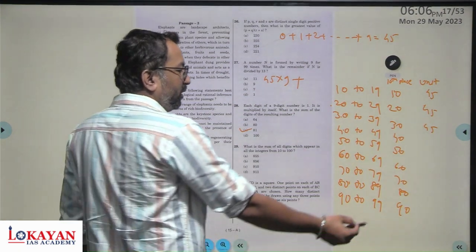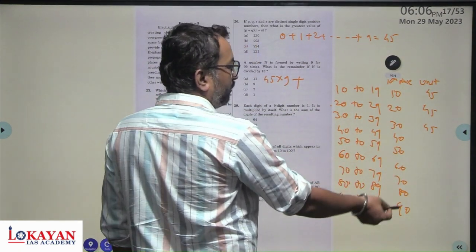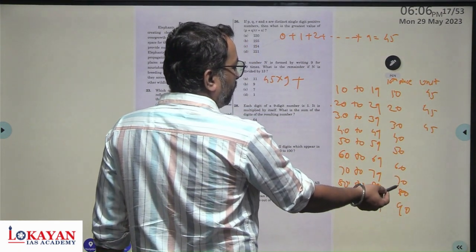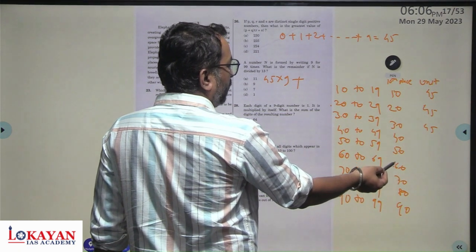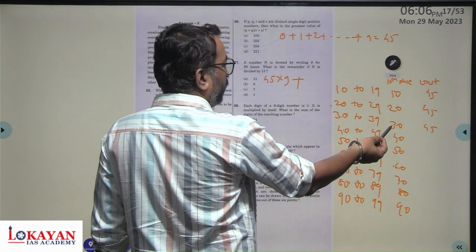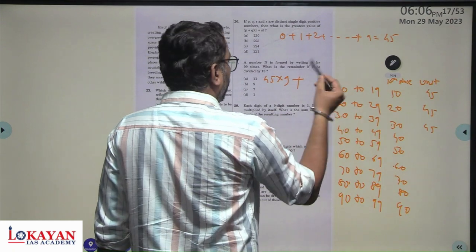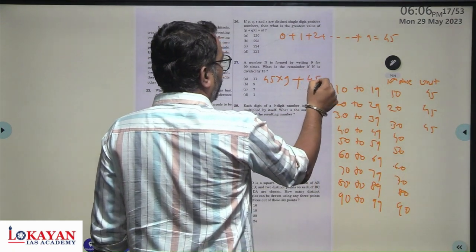So what will be the addition? 90 plus 80 plus 70, and so on: 17, plus 7 is 24, 30, 35, 39, 42, 44, 45. This becomes 450.